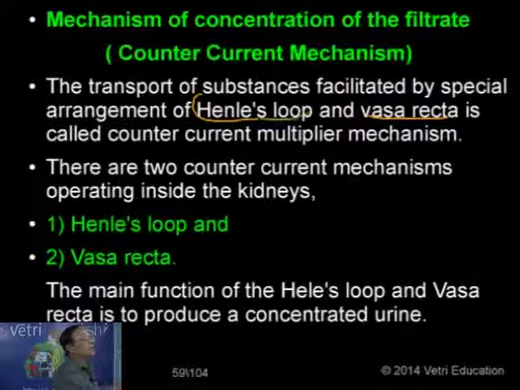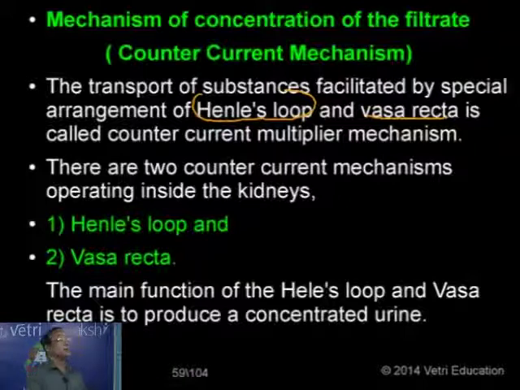So the Henle's loop and vasa recta are arranged in a special way, and that is why they are responsible for the counter current multiplier mechanism. These are the specialized structures responsible for concentrating the urine. That is the main function of these two systems.